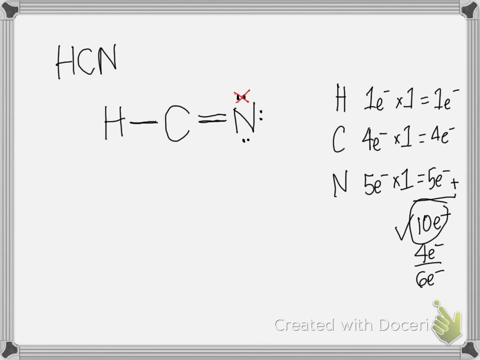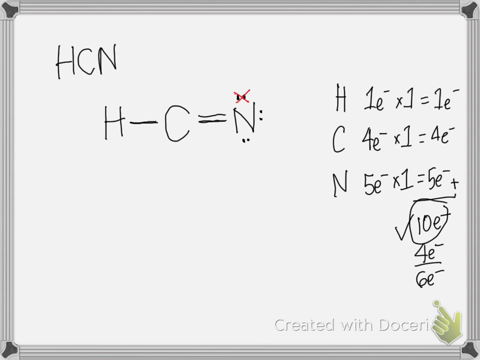Now, if I look at carbon, it got better. Now carbon has 2, 4, 6, still doesn't have 8. And nitrogen is still happy because it has 2, 4, 6, 8. Okay. So to fix carbon, I have to do this again.